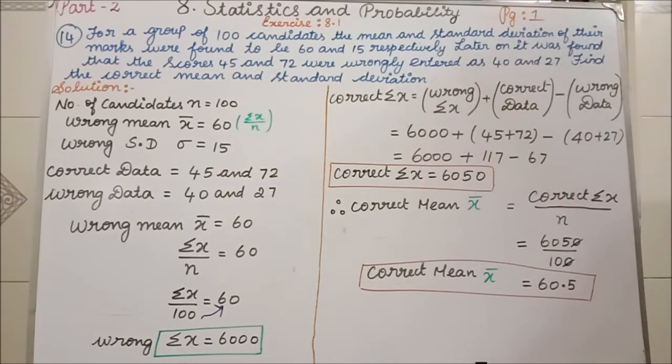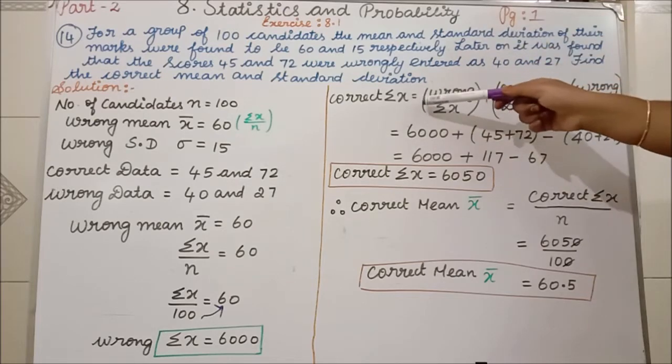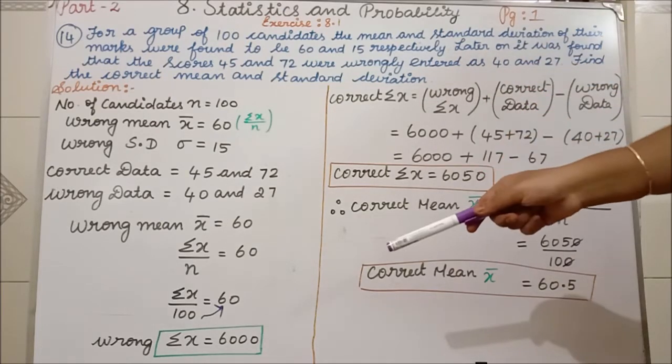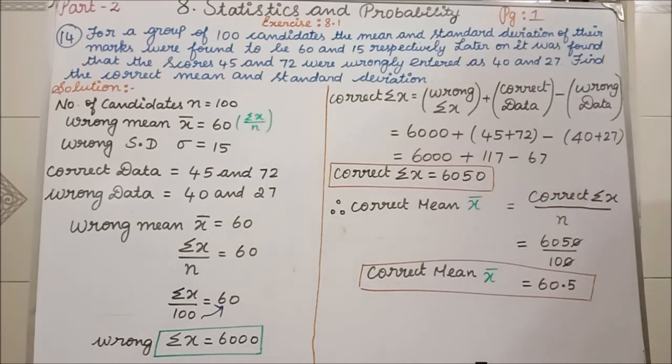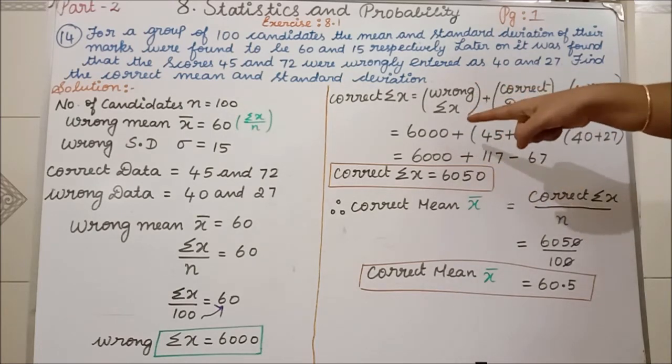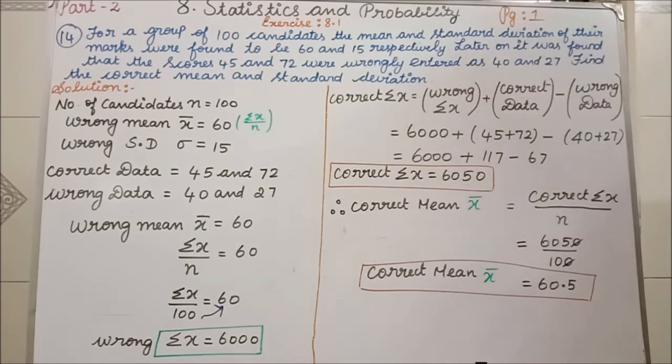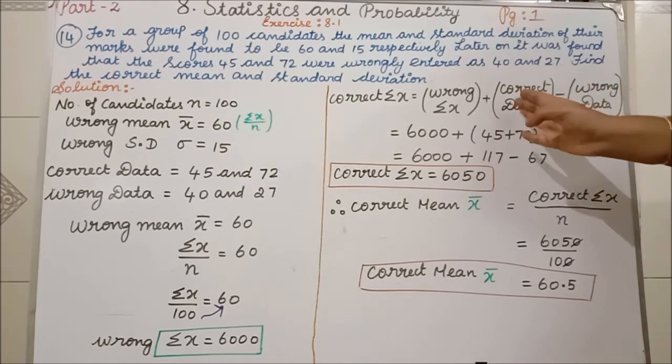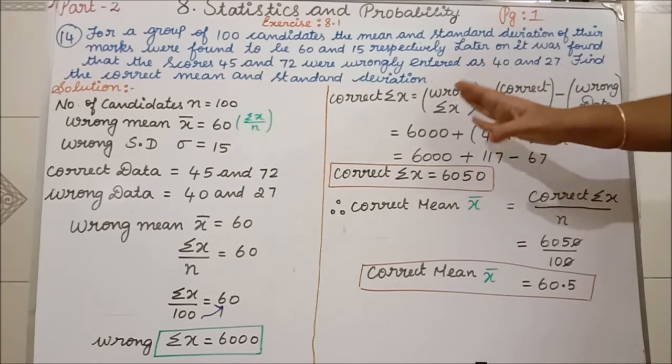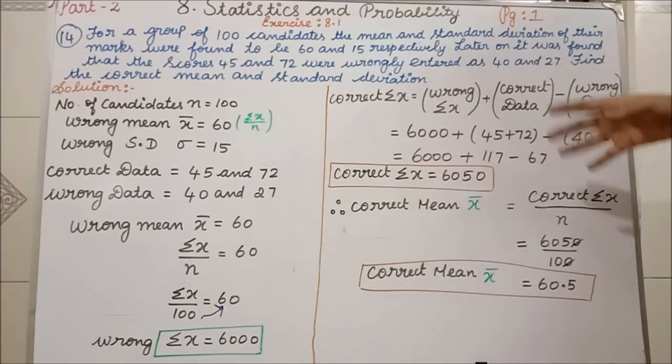Now, correct summation x is equal to wrong summation x, we are having 6000. In the 6000 we have to add the correct data. What is the correct data we are having? 45 and 72. So 45 plus 72. Now, in this wrong summation x we have added the correct value, so we have to remove the previous value.